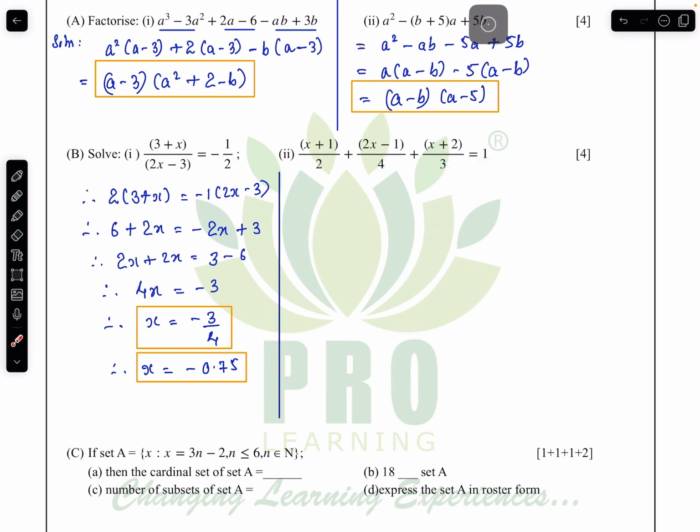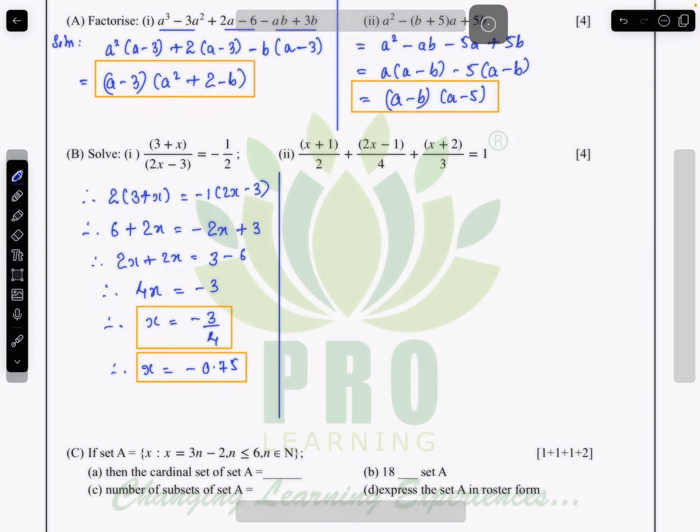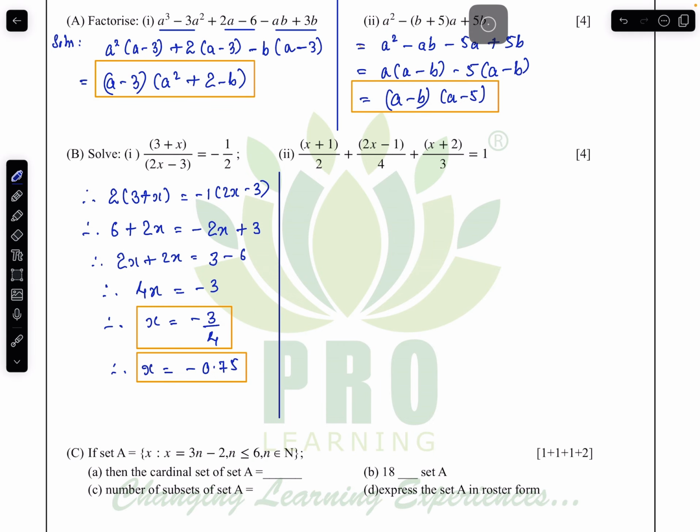So in this case, we are looking at multiplying each of these terms with 12. Let's copy it down so that we have more space.